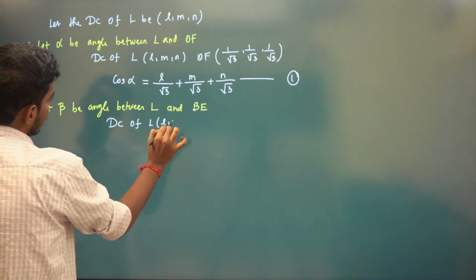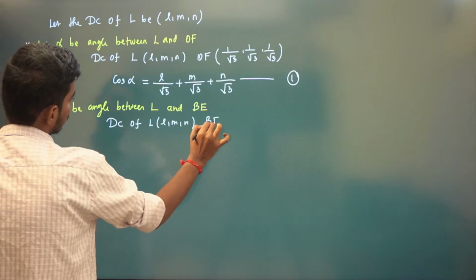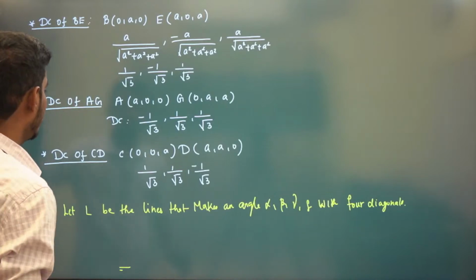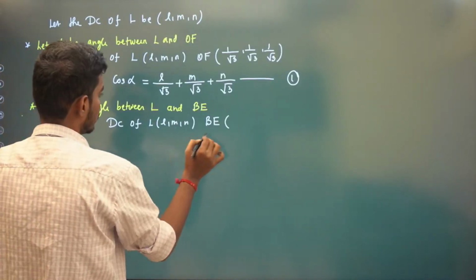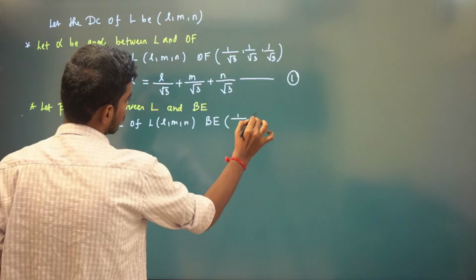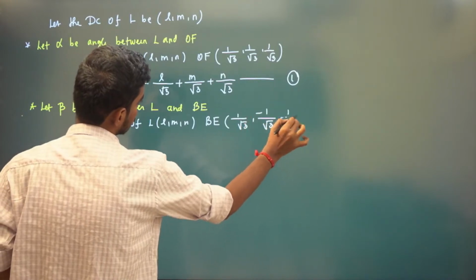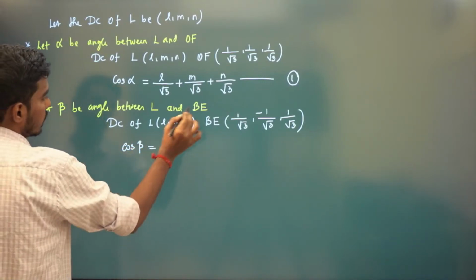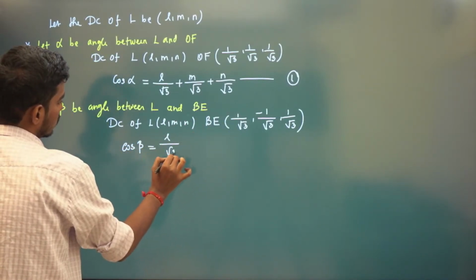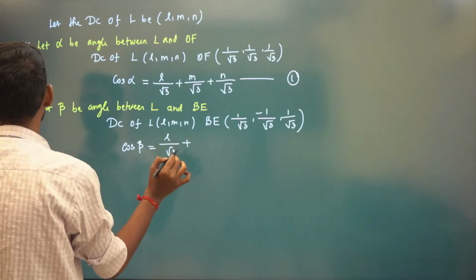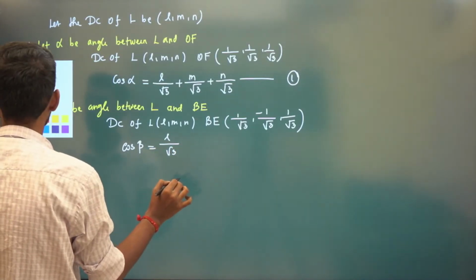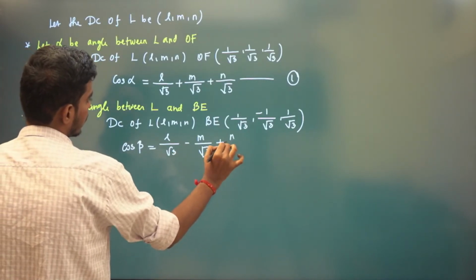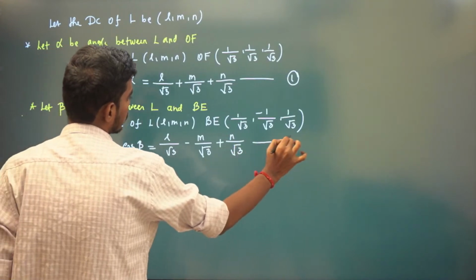Direction cosine of L is L, M, N, and direction cosine of BE is 1 by root 3, minus 1 by root 3, 1 by root 3. So beta is the angle. So we have cos beta is equal to L1 L2 plus M1 M2 plus N1 N2. This is the value of cos beta.